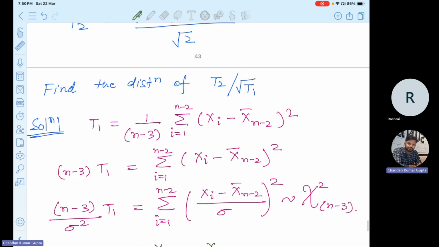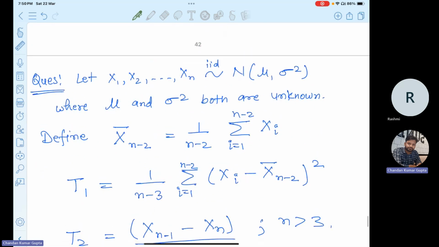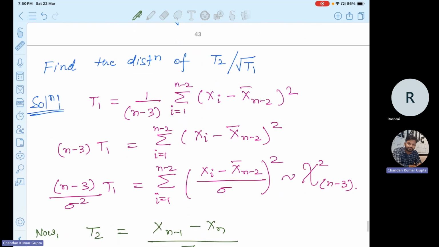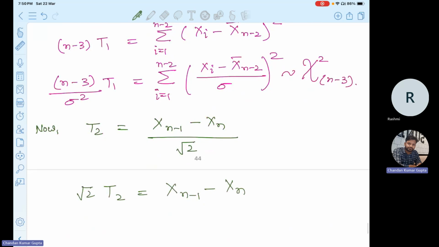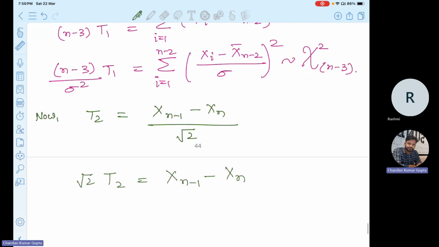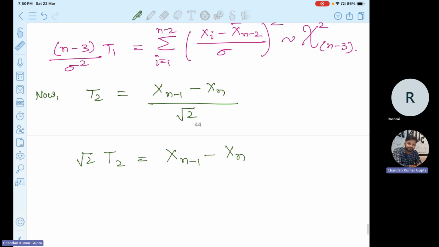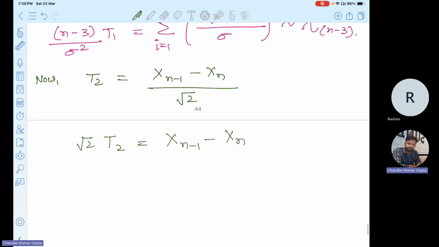Since we are given x1, x2, up to xn are all IID random variables and follow the normal distribution with mean mu and variance sigma square, xn and xn minus 1 also follow the normal distribution with the same parameters.